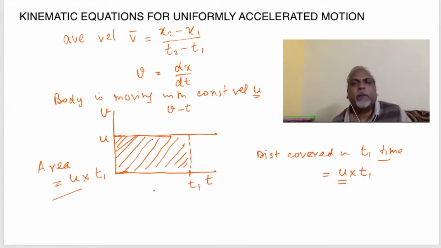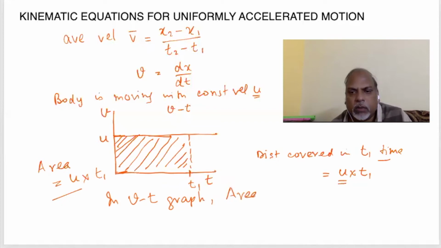That means in a v-t graph, the area gives the distance traveled in time t.